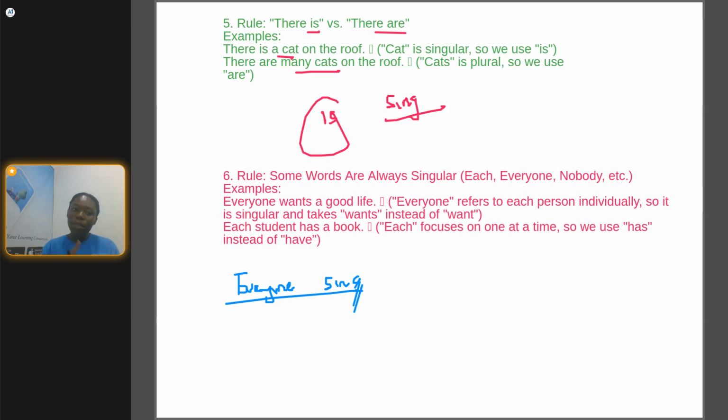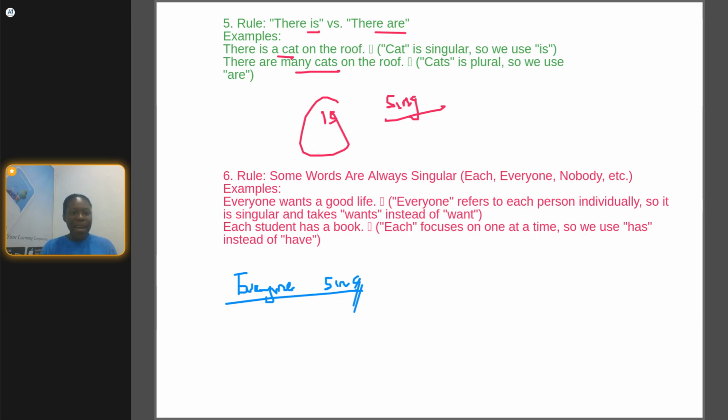The rule says some words are always singular. So when you see words like each person, you have examples like each person is expected to submit his assignment. Everyone is, not everyone are. Everyone is expected to eat his breakfast.